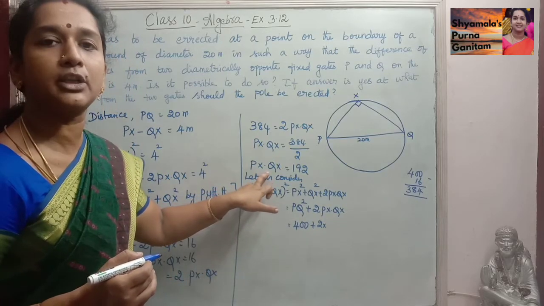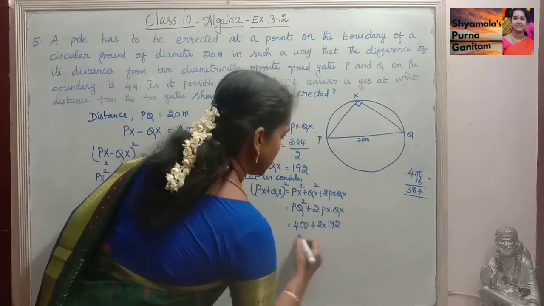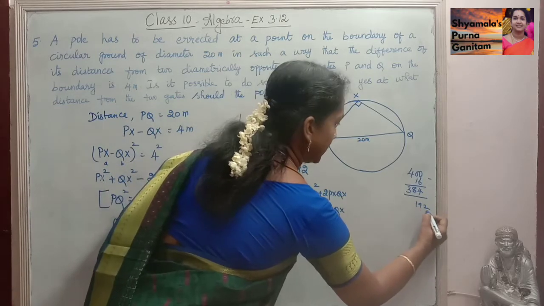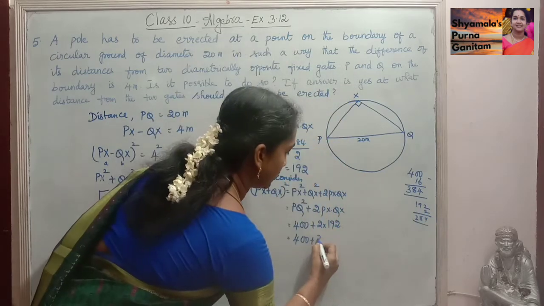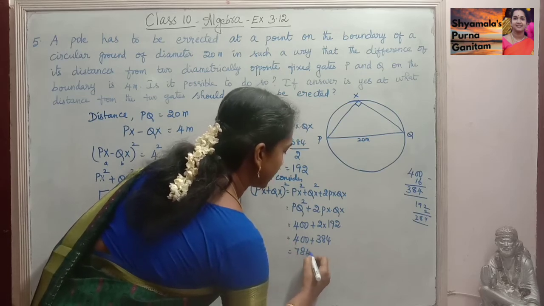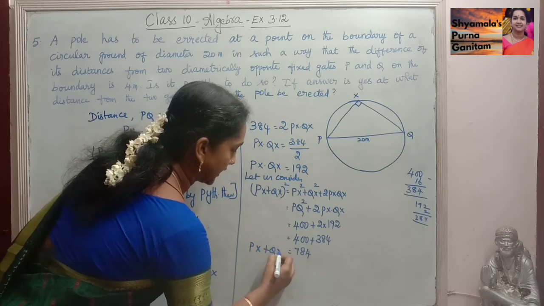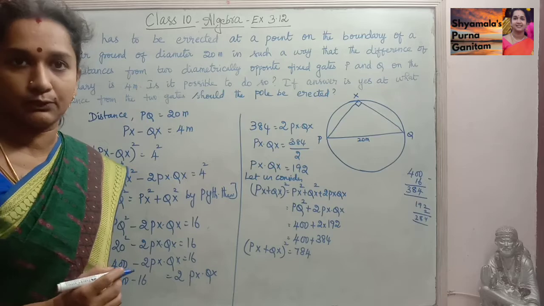We got the value for px into qx as 192. So 400 plus 192 into 2, 384. Just now we got 384. So 400 plus 384, that is 784. That is px plus qx the whole squared is equal to 784.